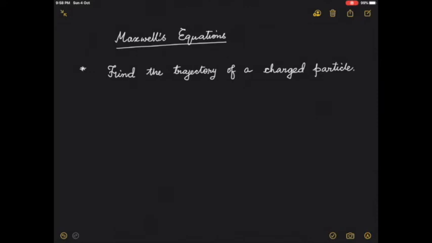Now, how do you do it? Well, we combine mechanics with the dynamics. What do I mean by that?